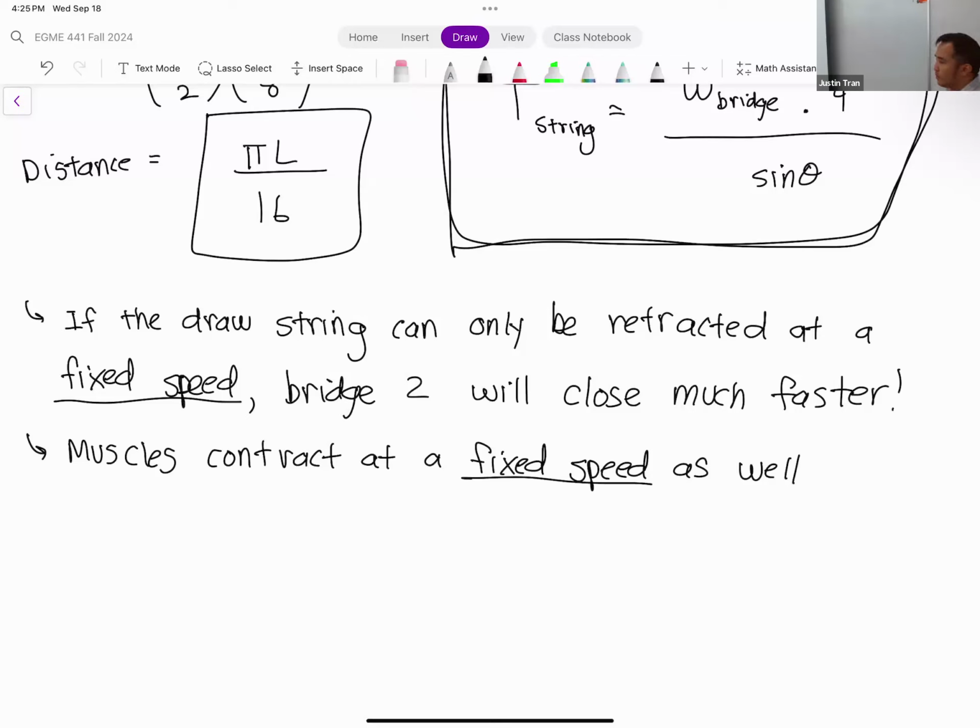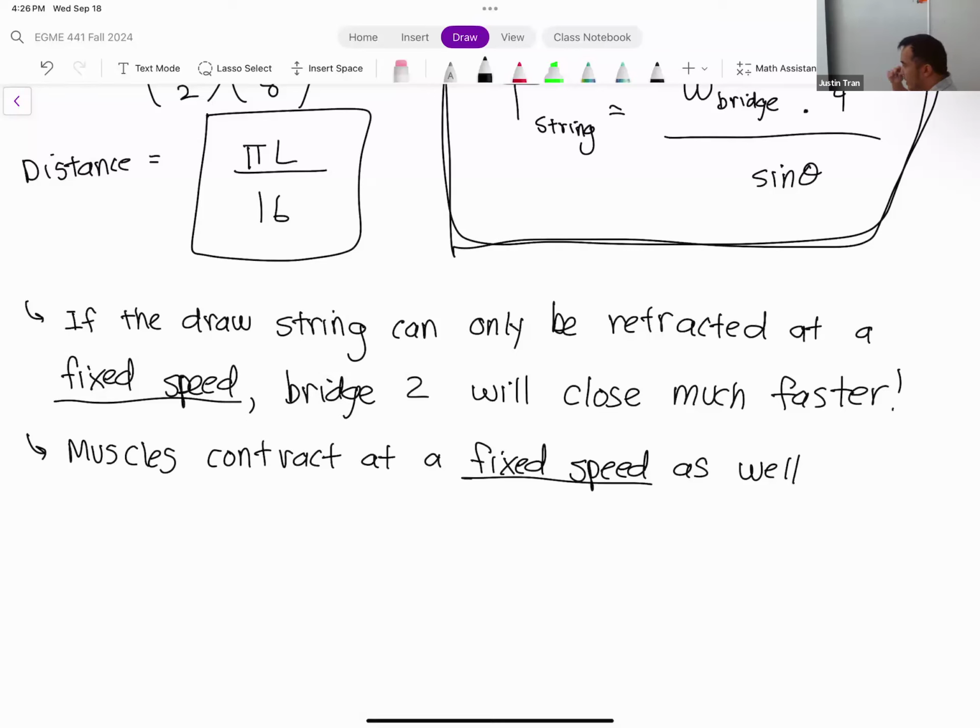Or maybe the more accurate way to put it is that there's a limit to how quickly your muscles can contract, and it all depends on how quickly your muscles can execute that power stroke, that the protein filaments can slide past each other. It's not that you can infinitely keep increasing the muscle speed, right?